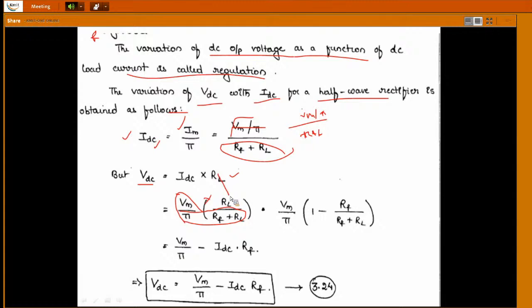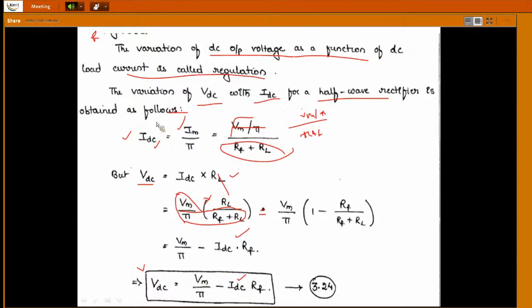Then you can take RL by RL, which gives Vm by pi into 1 minus Rf by Rf plus RL. So VDC is given by Vm by pi minus IDC into Rf.